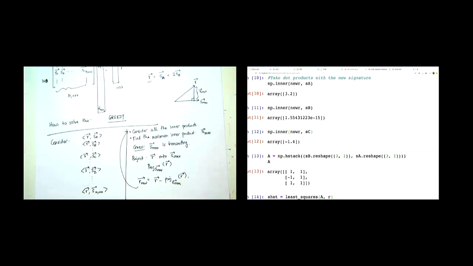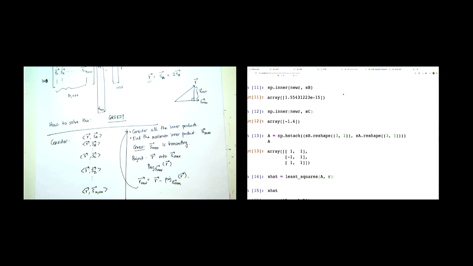So now, instead of projecting just onto SA or just onto SB, I'm going to say, how well does the combination of these vectors explain my actual received signal? And so I'm going to take the projection not onto just SA or SB, but onto the span of SA and SB. Okay, this is an important point.